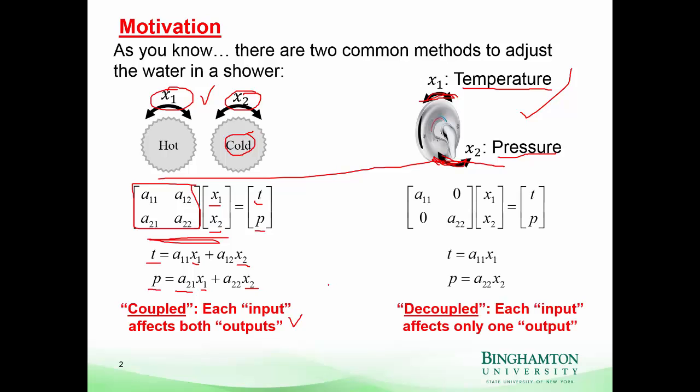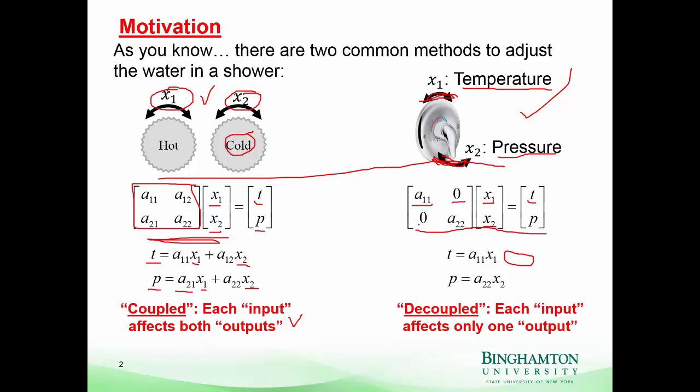Now let's look over on the other side. In that case, we have a diagonal matrix, and that's the beauty here. That's what we mean by a decoupled system. So if we write this diagonalized system out, we see that we get T is just equal to A11 X1 and 0 times X2. So there's no term here for X2.